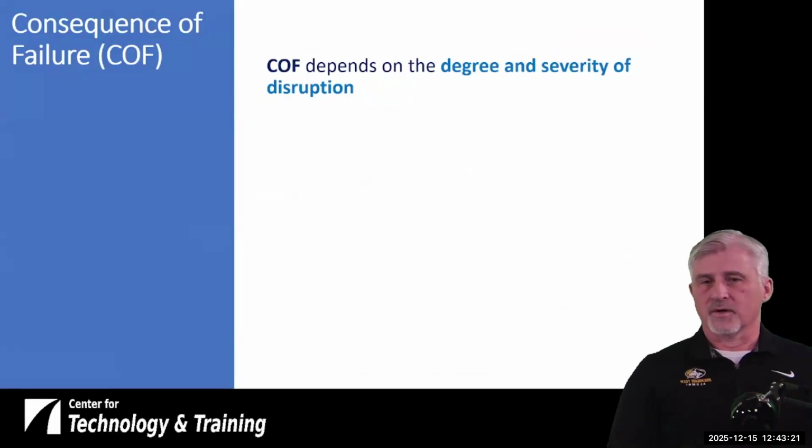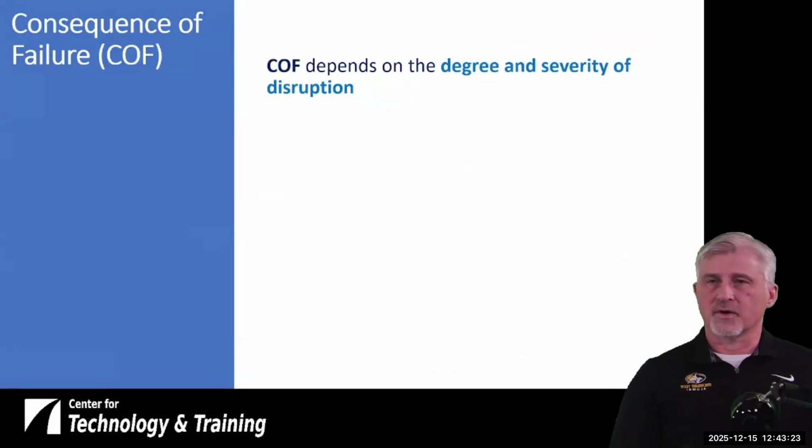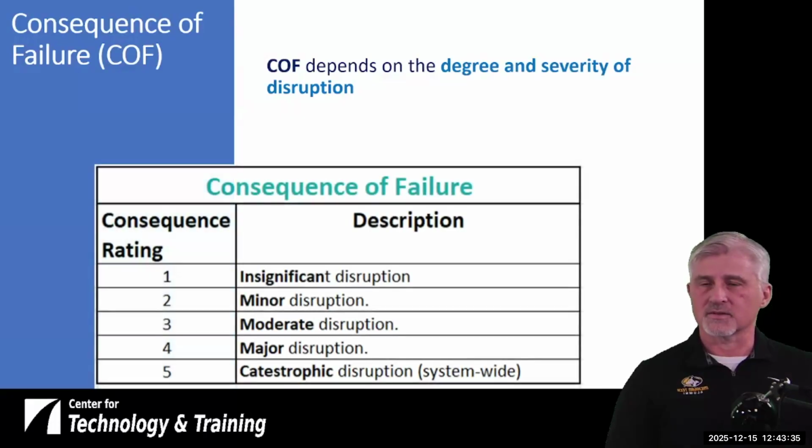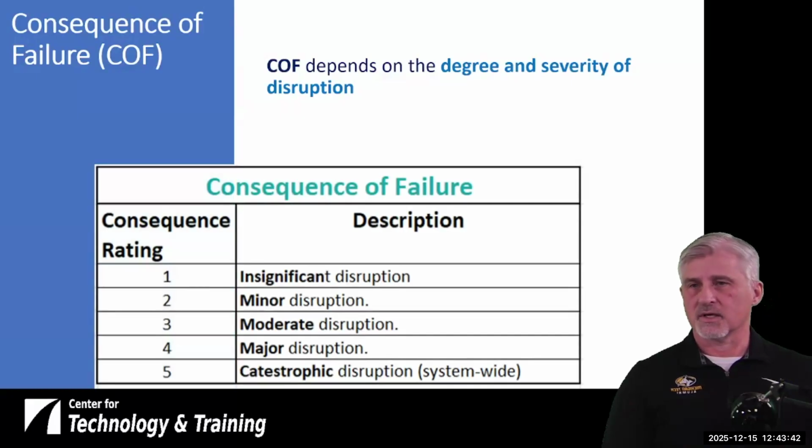So the consequence of failure depends on the degree and severity of the disruption. If we want to know what's going to happen as a result of the failure, we need to know how severe it is, how much that's going to affect us. So once again, if it's insignificant, in this case, it's going to get a rating of 1, and that goes up to catastrophic with a rating of 5.